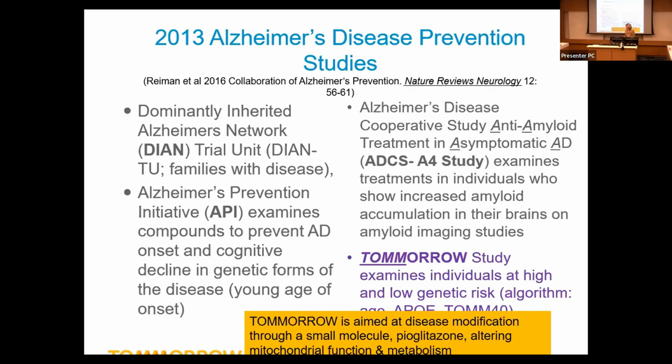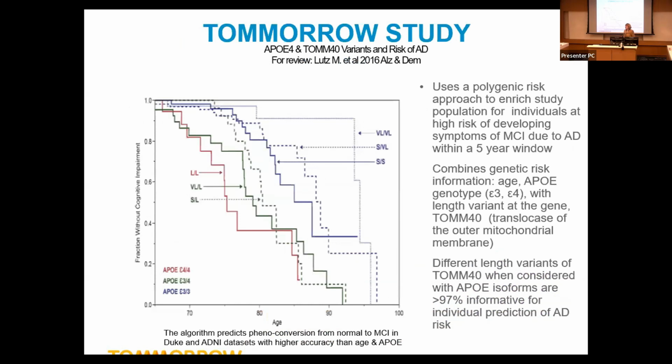It's really designed around a small molecule, pioglitazone, which is a compound usually used to treat diabetes. It's a low dose of that drug, and at low dose, it's been shown to have a mitochondrial function and an effect on metabolism. So a very different mechanism of action that we're looking at. This gives you a little idea behind the strategy for risk enhancement within the study.